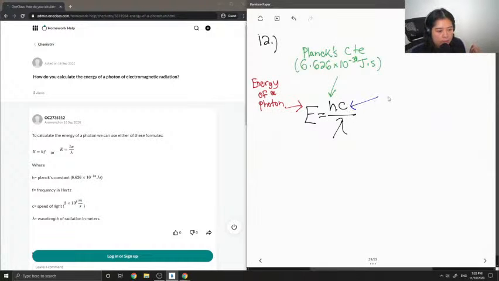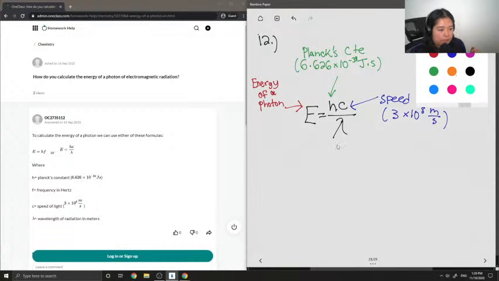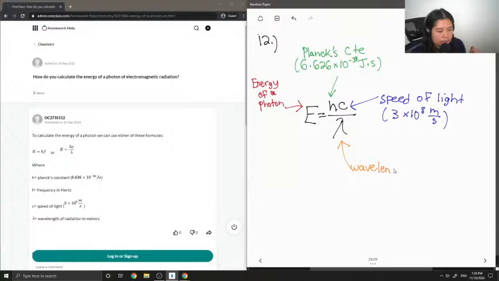C is the speed of light, so it is another constant that is simply just 3 times 10 to the 8 meters per second. And finally, lambda is your wavelength. So sometimes it's given in nanometers, but when you want to plug it into this equation, make sure you convert to meters first.